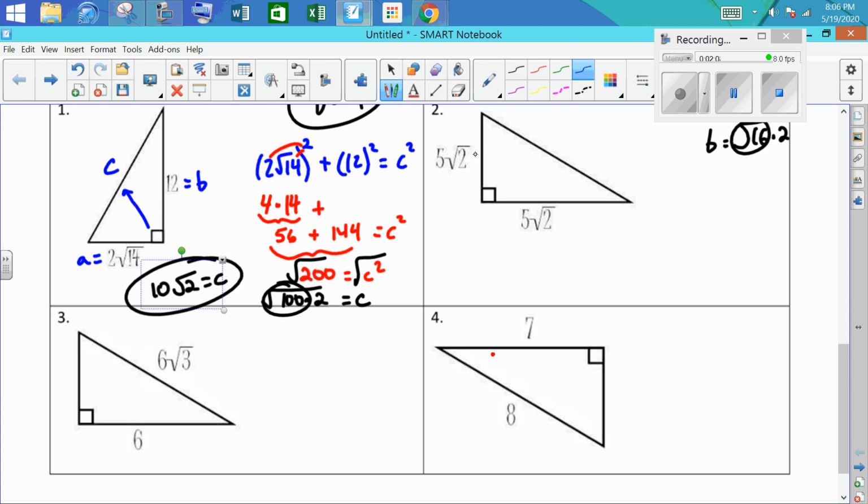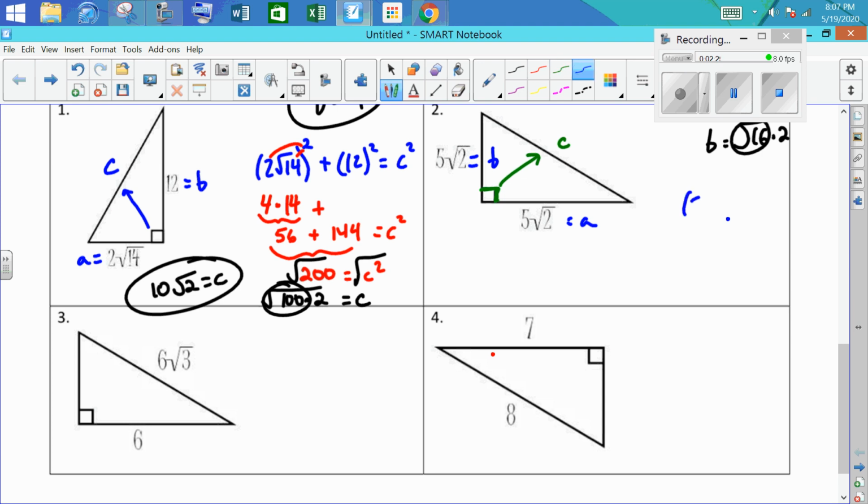Alright, here in the next one I have A, B. Now, these are the same length, so if you labeled yours like this, that's totally fine. You'd get the same answer. The most important thing, though, is that across from the right angle is C, the hypotenuse.